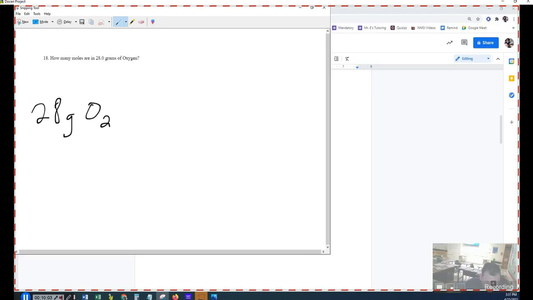We're going to go with O2. If you have oxygen as a gas, it is always in pairs, so it's O2. We're given grams. We're going to go from mass in grams. We're going to convert that to moles. We do that by dividing by the molar mass. So this is what we're going to do.